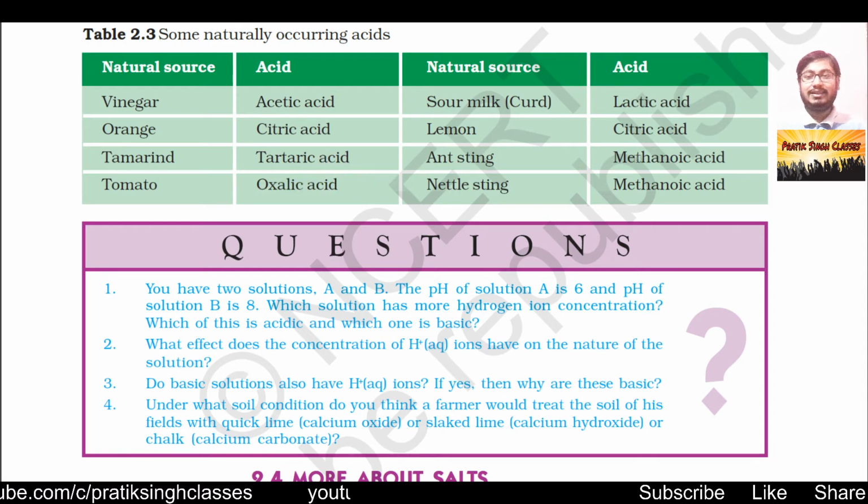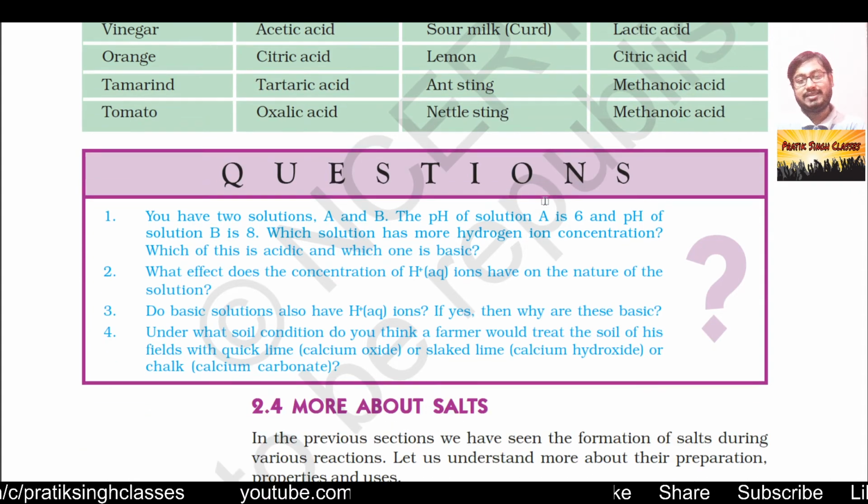Sour milk or curd contains lactic acid, where lactobacillus converts the milk into curd, as we know very well. Lemon contains citric acid, and a nettle sting contains methanoic acid. So these are naturally occurring things containing different types of acids.